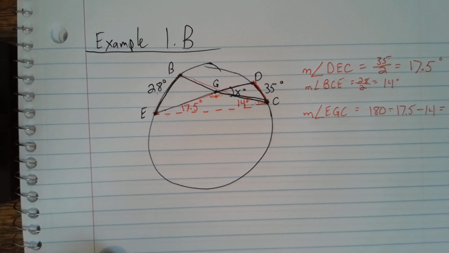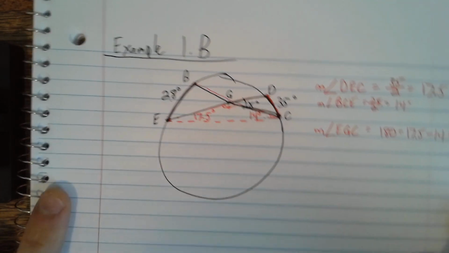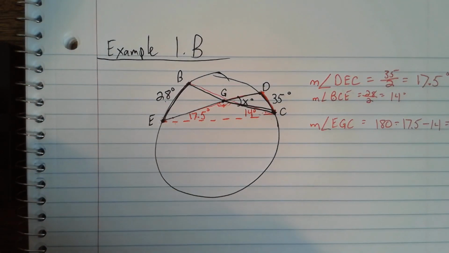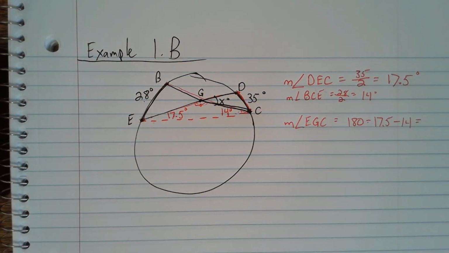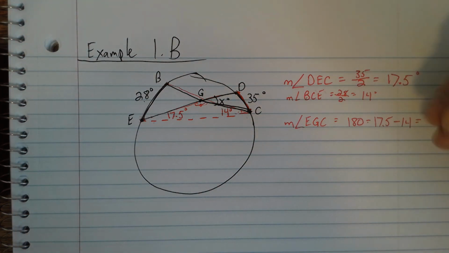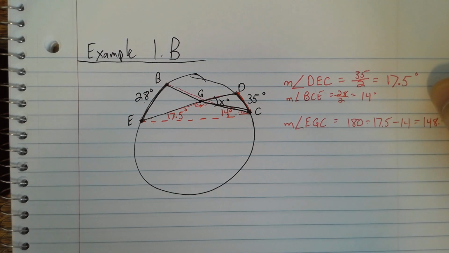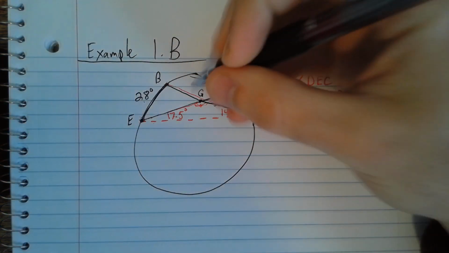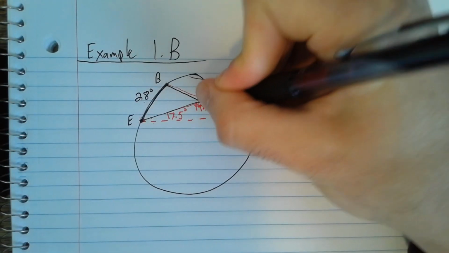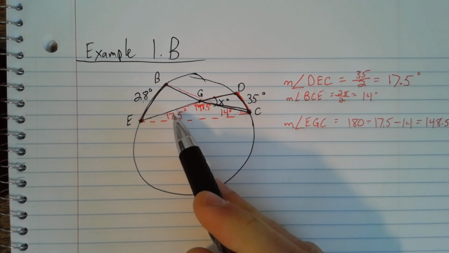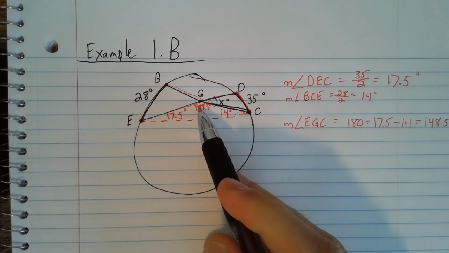Let me make room, since it's starting to run off the page just a little bit. So 180 minus 17.5 minus 14 is 148.5 degrees. So this angle right here is 148.5 degrees.